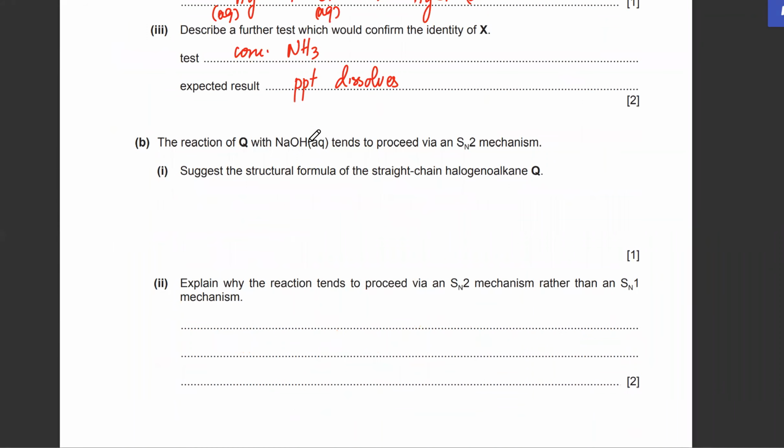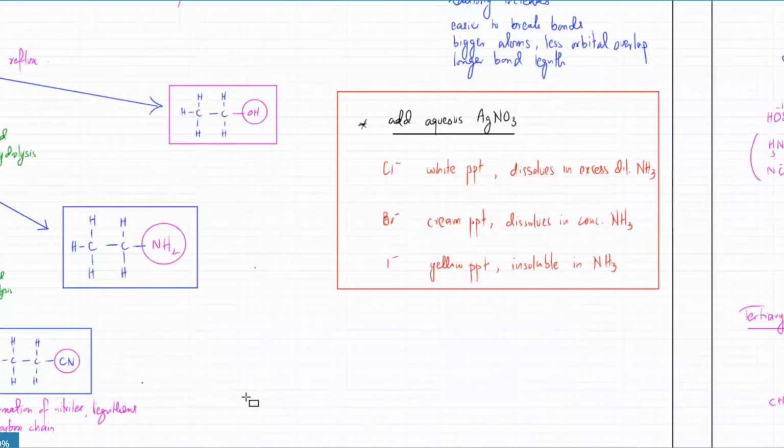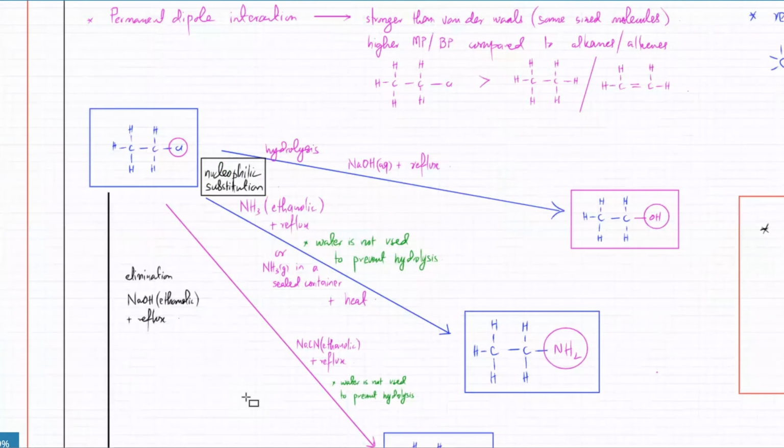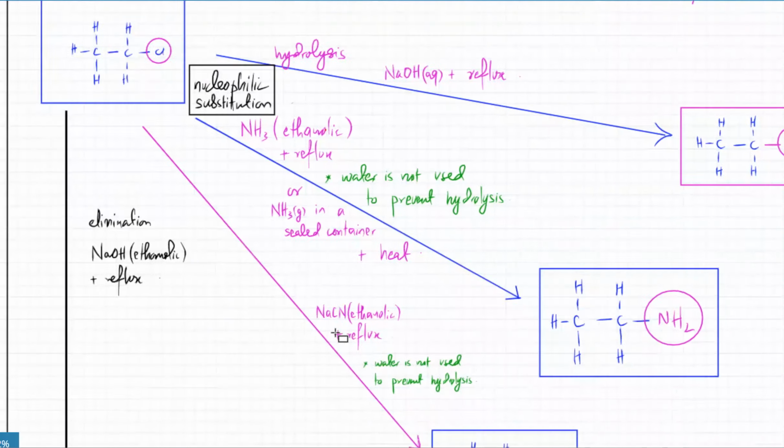Let's move on. The reaction of Q tends to proceed via an SN2 mechanism. So who proceeds via an SN2 mechanism? That's a primary halogenoalkane. Remember, there are three nucleophilic substitution reactions. Either the Cl is going to get knocked out by OH- ions, or by NH3, or by CN-.